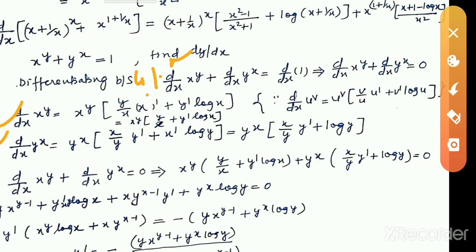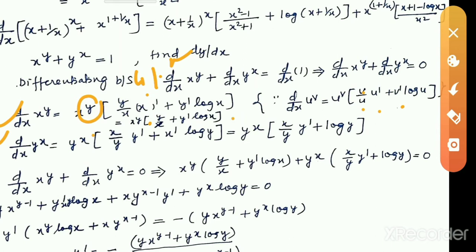d/dx of x^y is equal to x^y into (v·u'/u + v' log u), where v is y and u is x, so y upon x, and the derivative of u is the derivative of x, plus y dash, since v is y here, y dash into log x.